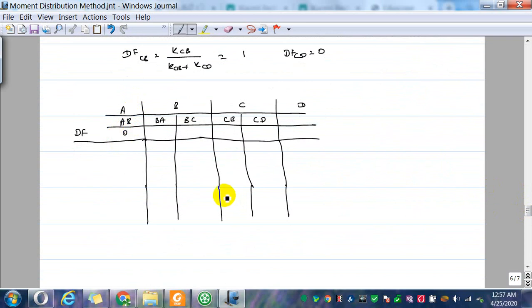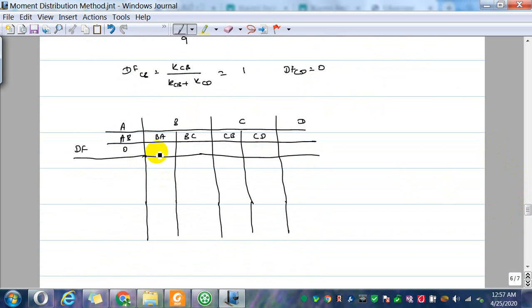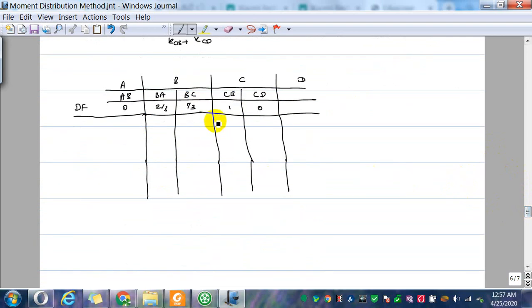BA is 2/3 and BC is 1/3, and CB is 1, CD is 0. So those are the distribution factors.